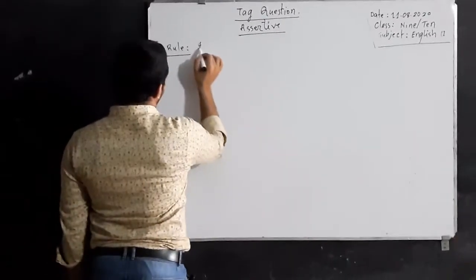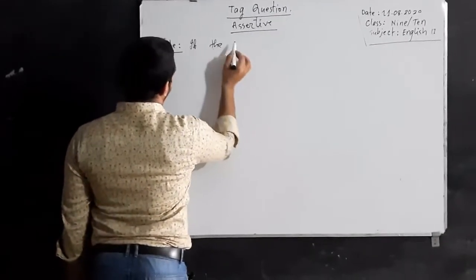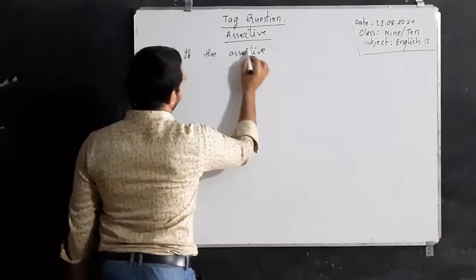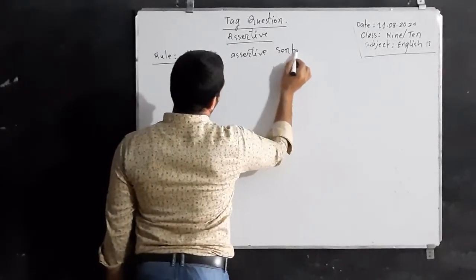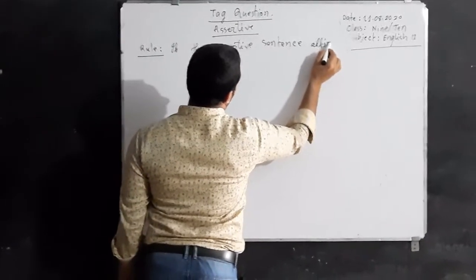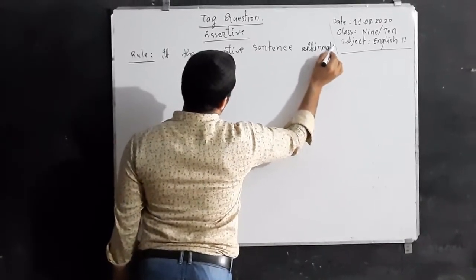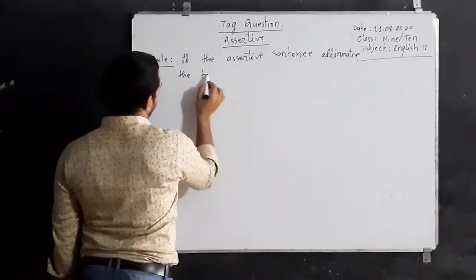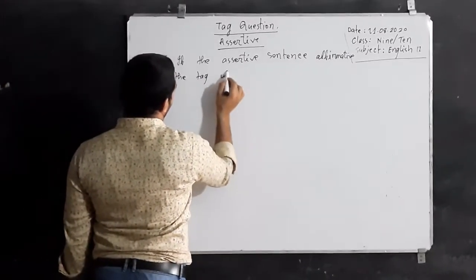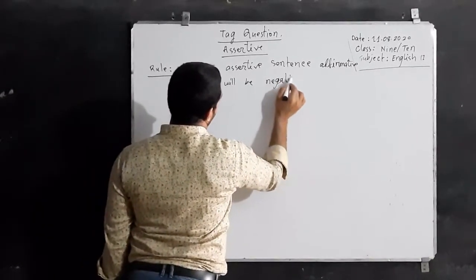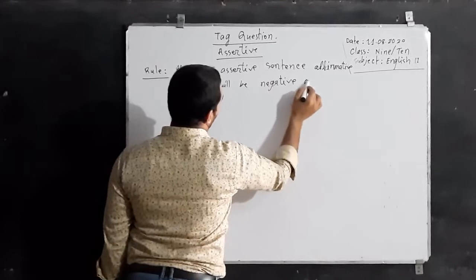If the assertive sentence is affirmative, the tag will be negative, or vice versa.